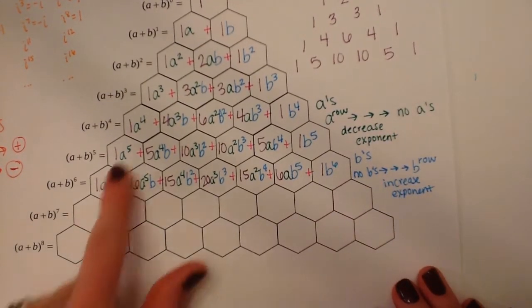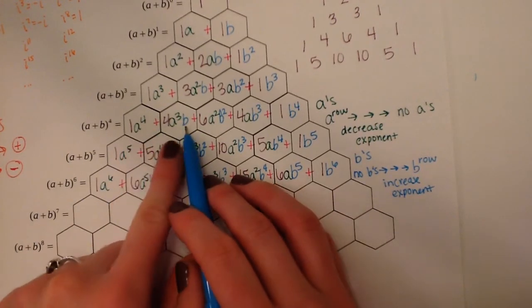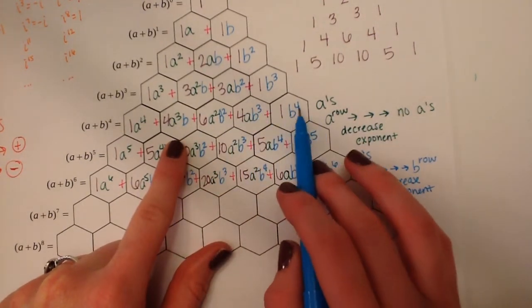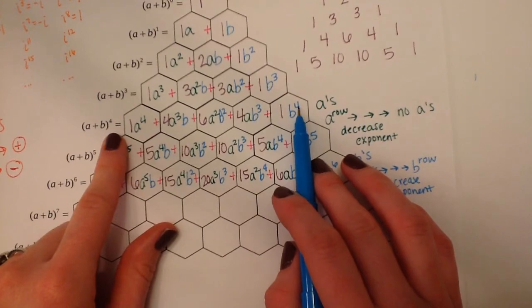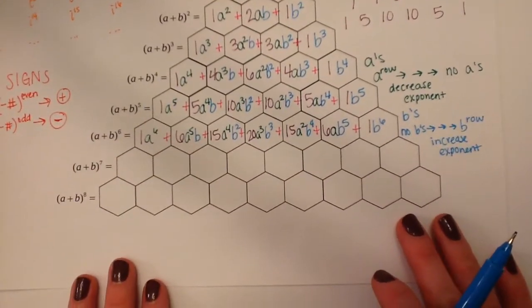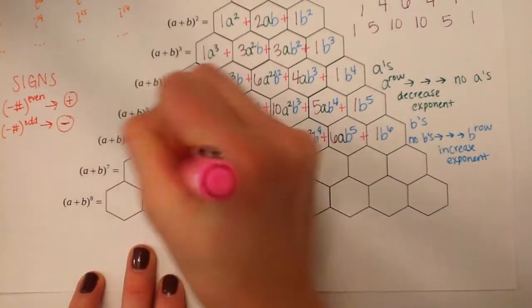So for example, if we look at this row again, we start out with no b at all. Then we go to 1 b, then b squared, then b cubed, then b to the fourth, which is what row you're looking at. So let's finish this out using that pattern.